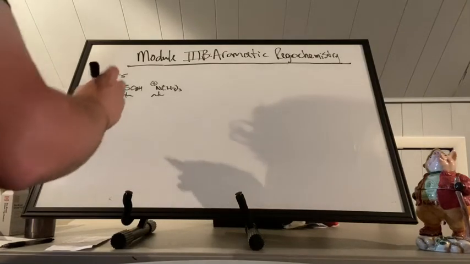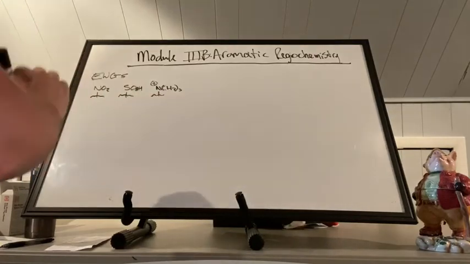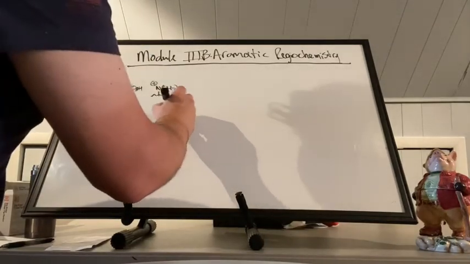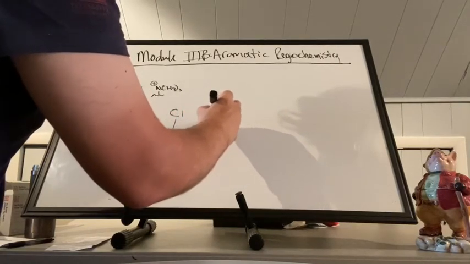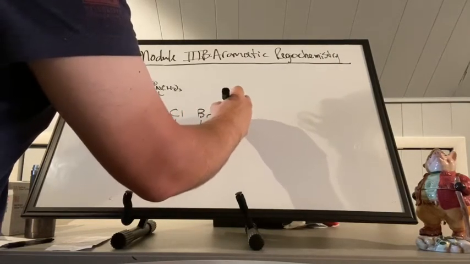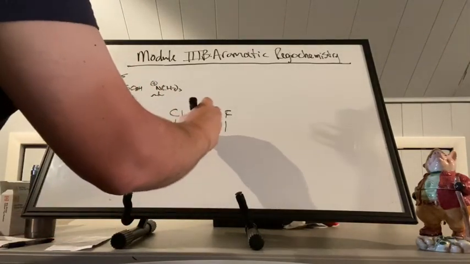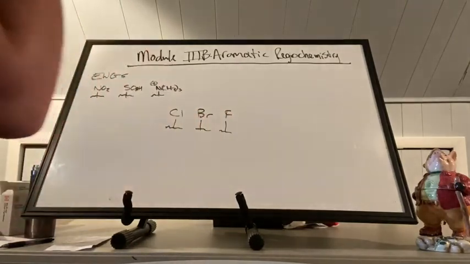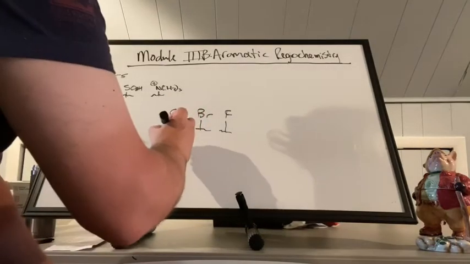Some other examples here. So something that is slightly electron withdrawing, whereas the previous ones were pretty extreme examples. If you had, let's say, chlorine or bromine or even fluorine, they're going to be slightly electron withdrawing, but ortho-para directing.